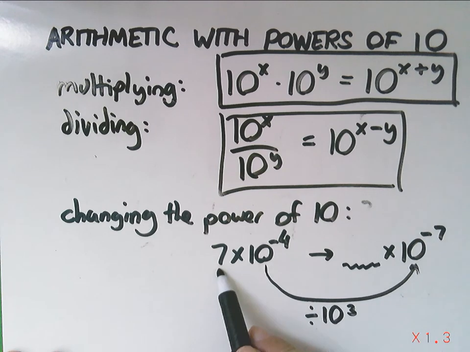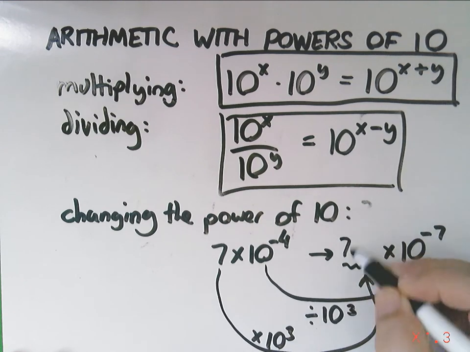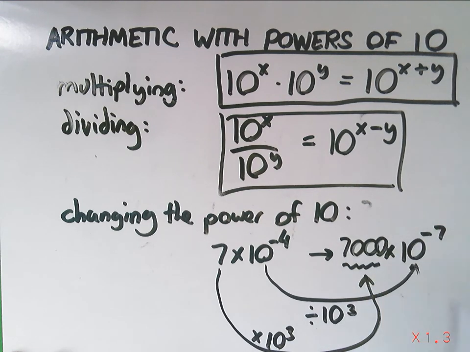So what do I have to do to the other part of the number? I have to multiply by 10 to the 3. So it's going to have to look like this. 7 times 10 to the 3, which is 7,000. 7,000 times 10 to the -7, right?